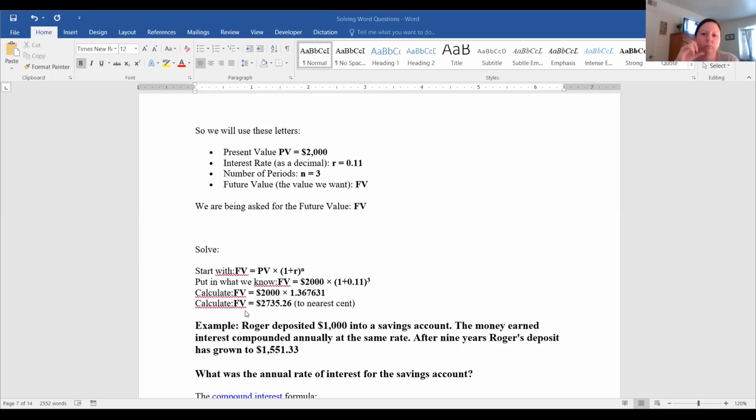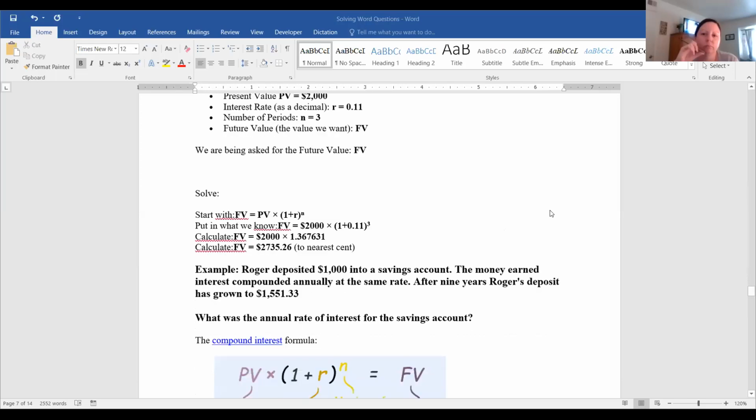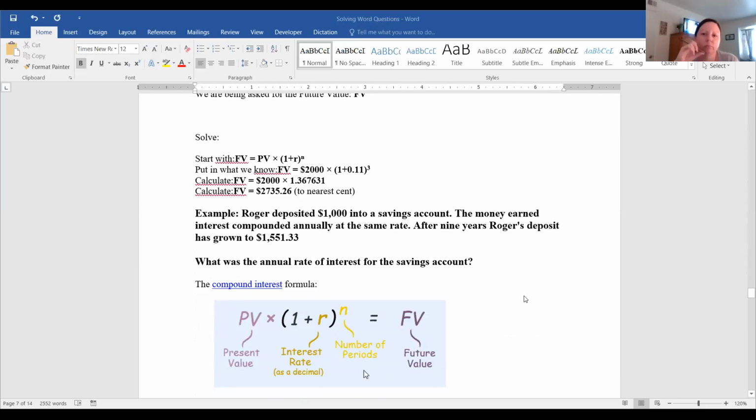Multiplying that out, our future value becomes $2,735.26. In other words, he has earned $735.26 on his investment in 3 years. And if anybody can show me someone that's paying 11%, I want to know where it is.